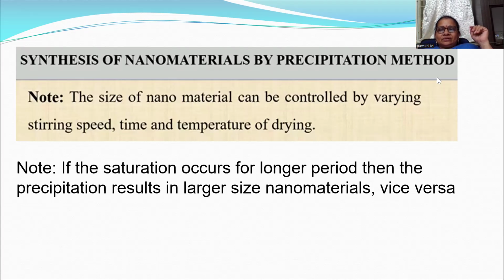If you want nano-sized material, the saturation period should be shorter. That's why, while making nanomaterials using the precipitation method, time is important, along with stirring speed and drying temperature.